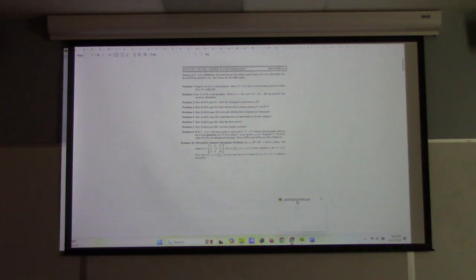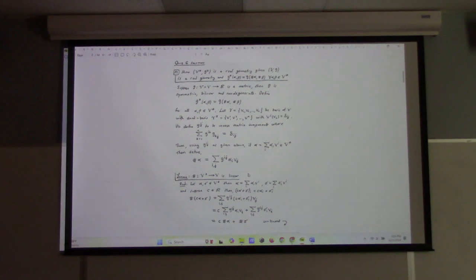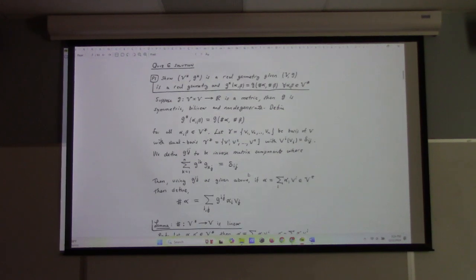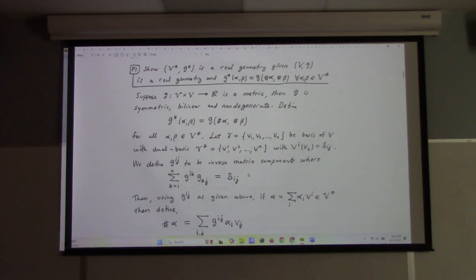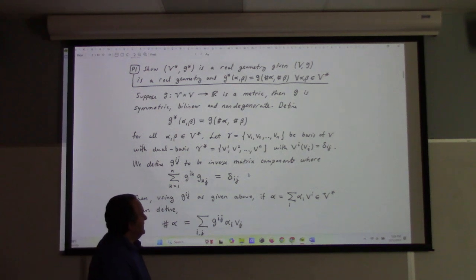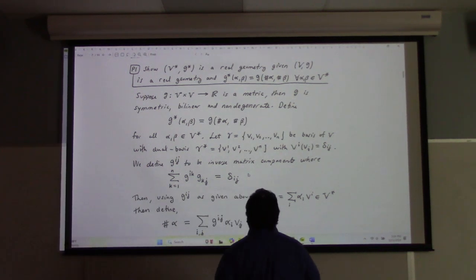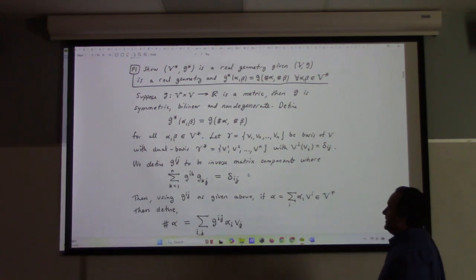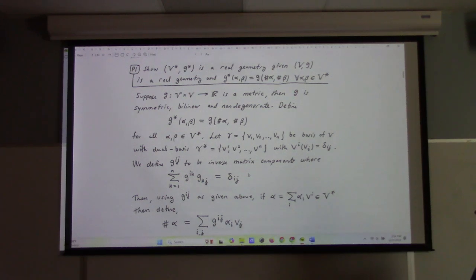All right, so let's see here. Let me just look at quiz 6 with you guys right quick. We were asked to show that V dual with G dual defined as such is a real geometry. So we need to show it's symmetric, bilinear, and non-degenerate.